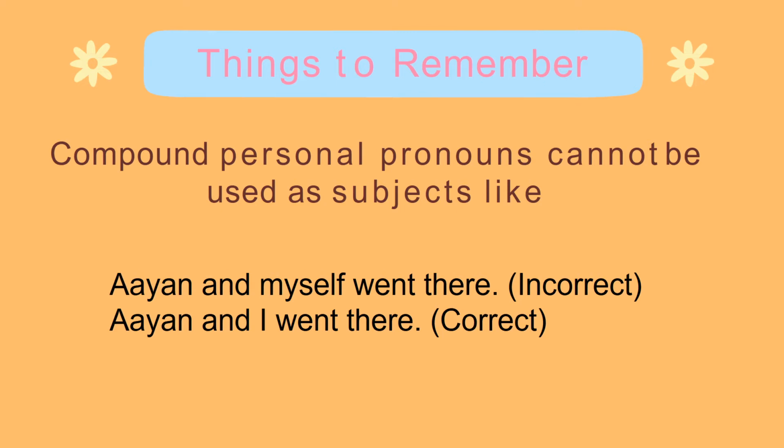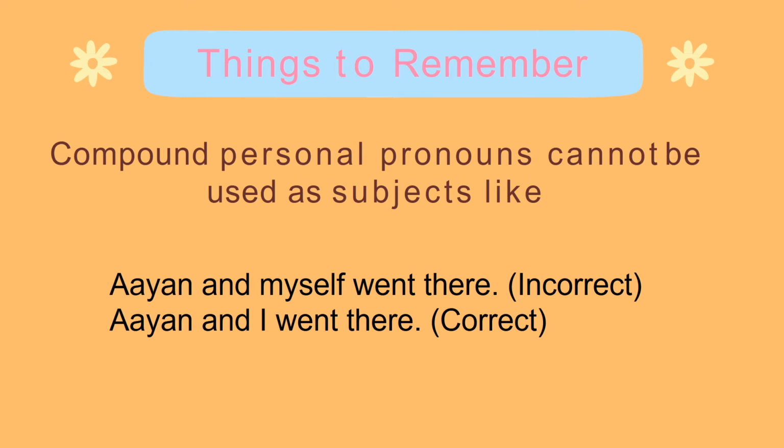This is incorrect because Ayan and myself are not subjects. Here, ideally, there should be two subjects, but there is only one. So the correct sentence will be Ayan and I went there.